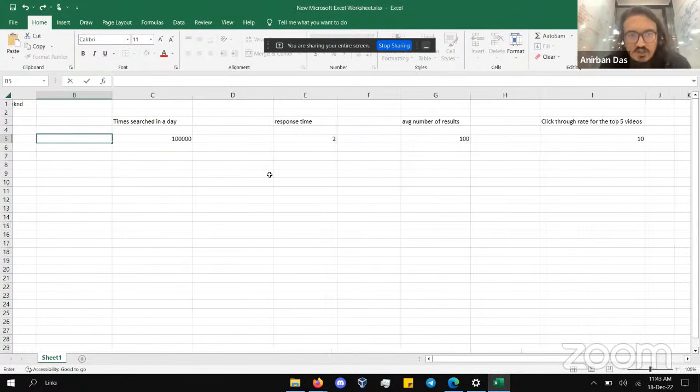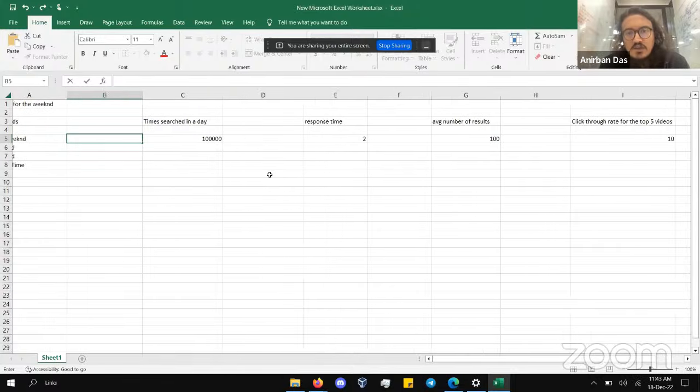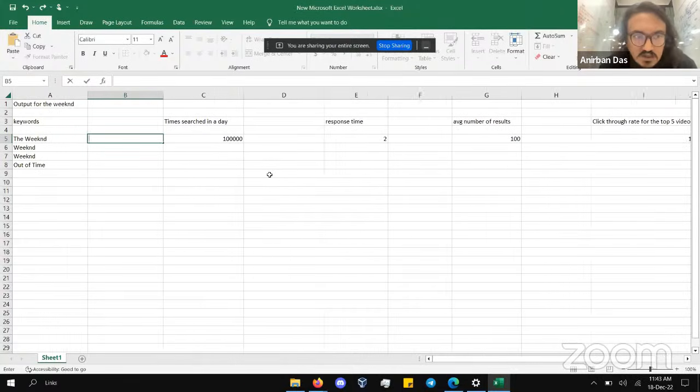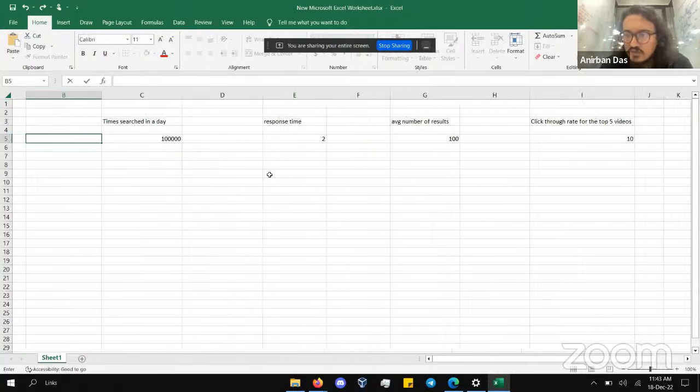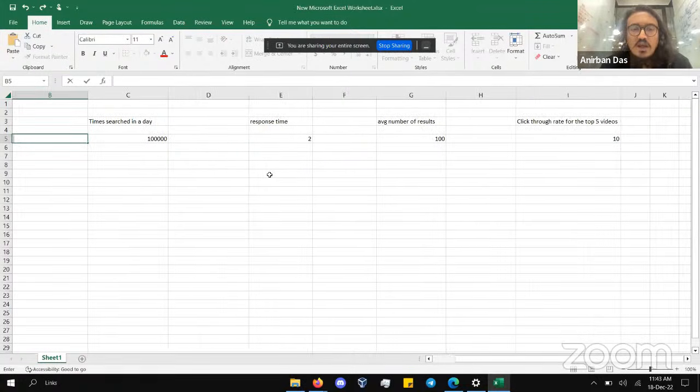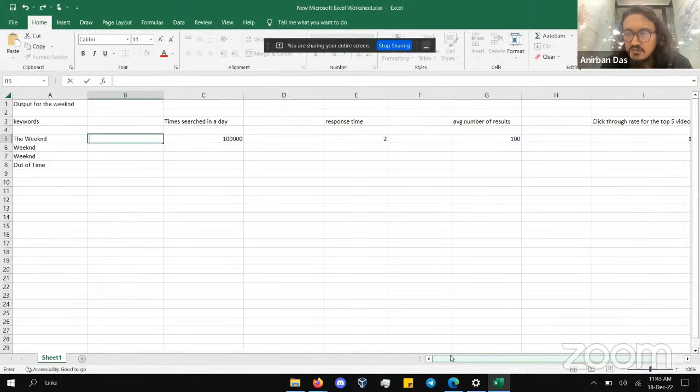But my next question is, let's say your ratio of average number of results to times searched in a day is about 0.1%, right? Let's assume that this number is for December, and let's say in November this number was 0.5%.